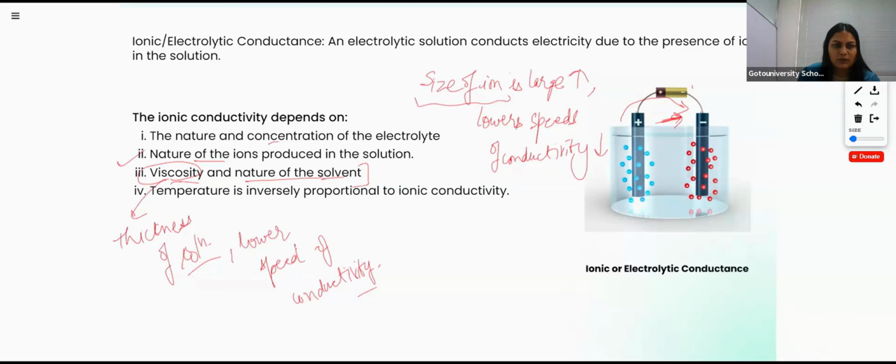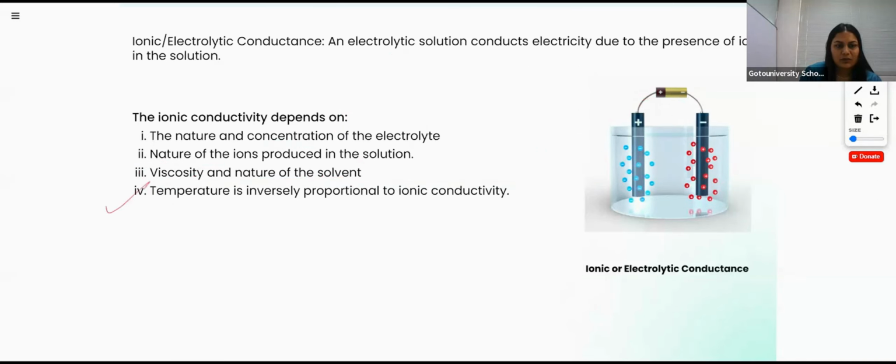Next, if we talk about the concentration of electrolyte, then with the increase in concentration of electrolyte, the conductivity decreases.